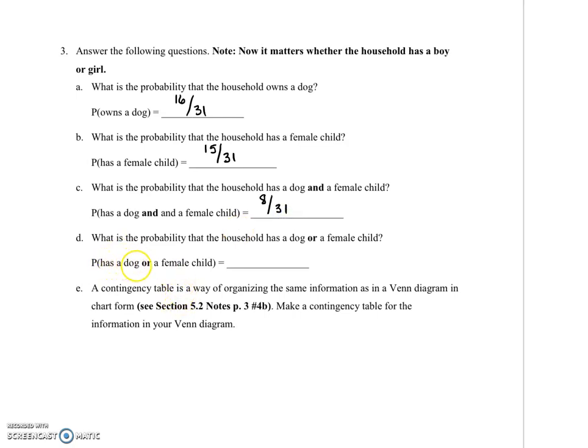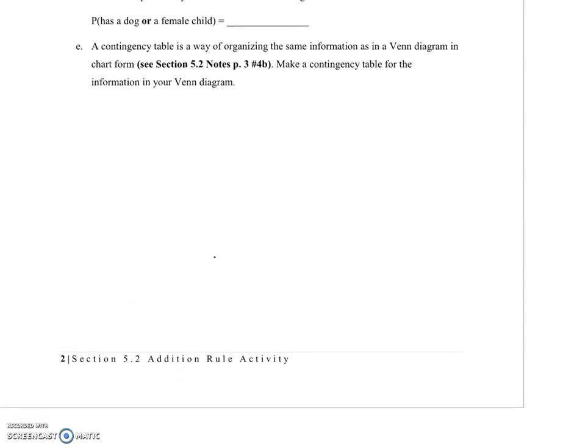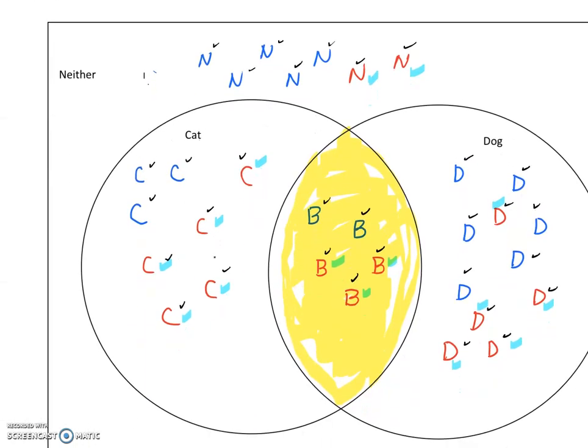So the probability that the household has a dog or a female child. So again, we could count like we did the first time. We would count all the dogs plus all the female children. So if we count all the dogs, that's everything within the dog circle. So 1, 2, 3, 4, 5, 6, 7, 8, 9, 10, 11, 12, 13, 14, 15, 16.